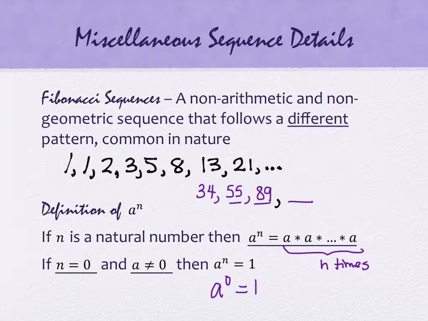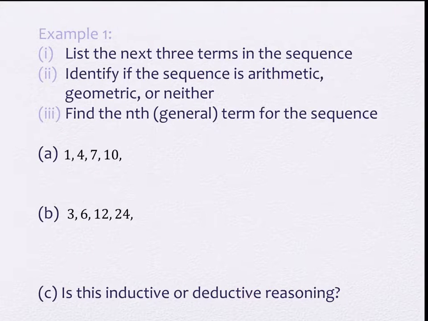All right, we are going to take a look at an example of a sequence and try to figure out if, in fact, we have a specific type. We've got 2 examples here. The first one is 1, 4, 7, 10. There are 3 things we're going to do on each of these examples. We're going to list the next 3 terms.